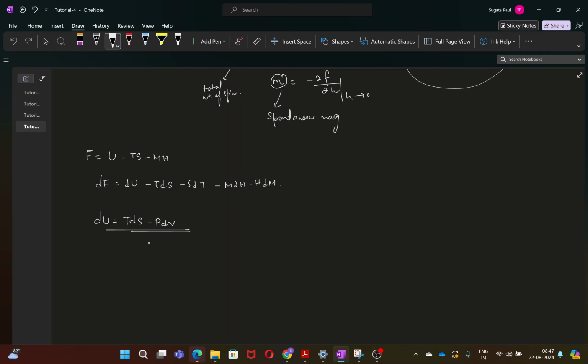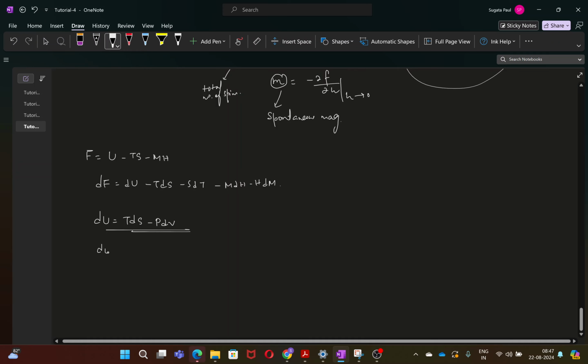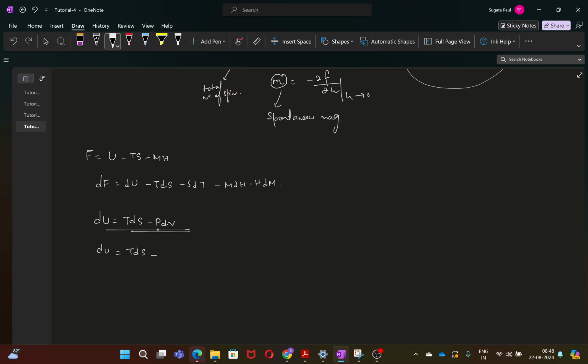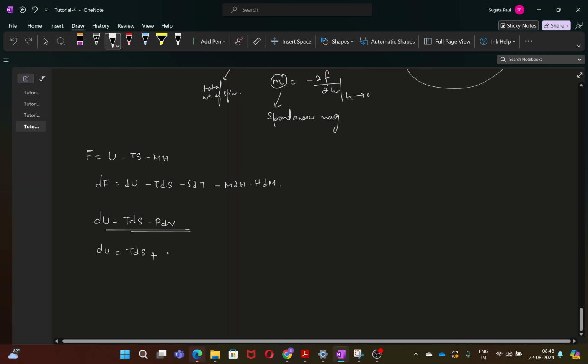In that case, the equivalent format of dU becomes TdS, and because it was TdS minus PdV, there is always a sign change when you go from a PdV kind of state to an MdH kind of state. So it will be plus.